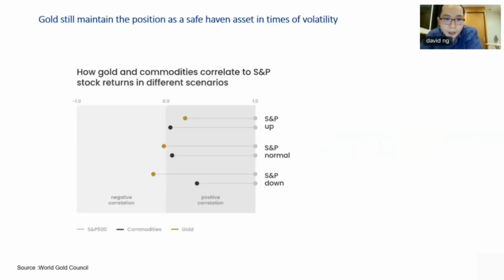Now, in terms of looking at correlation, obviously I showed you the slide before. Whenever you have a bad equities market, people rush to buy gold. So in a sense, gold is inversely related to equities performance. If you're expecting equities to perform well, normally you don't expect gold to perform, and vice versa.